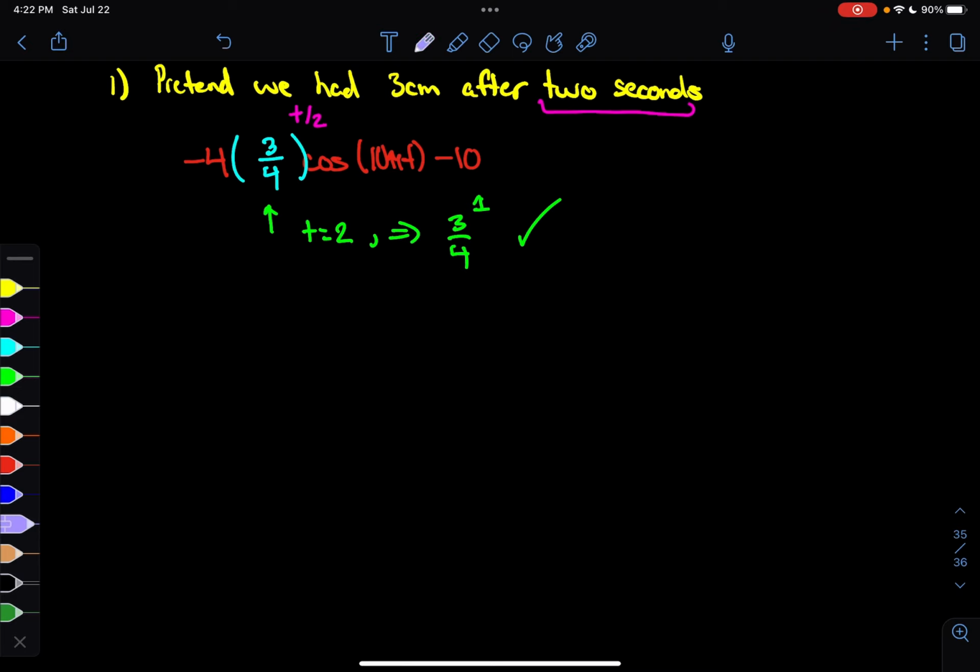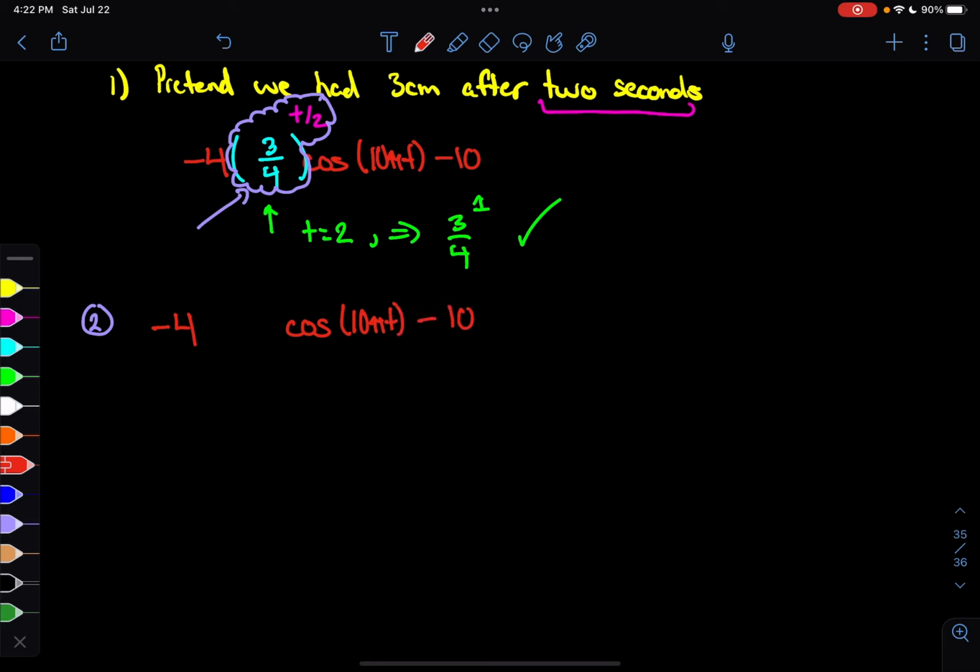Another thing you will see, and this is kind of important, is that in the textbook, instead of something simple like a fraction raised to some power, they have a -4, a sine or a cosine function, 10 pi t, minus 10, but they have an e to the -rt here.